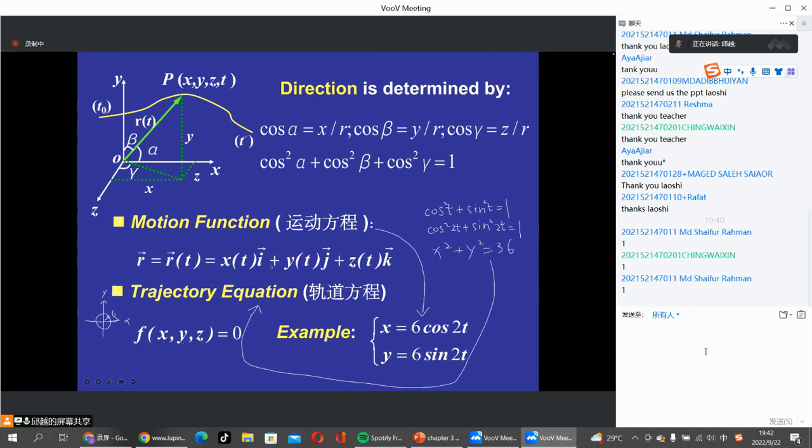I hope every student can understand the transformation from motion function to the trajectory equation. So it will be very easy for you to know the remaining classes.